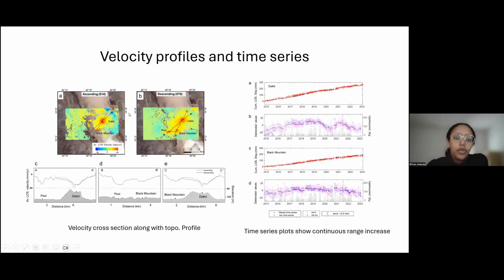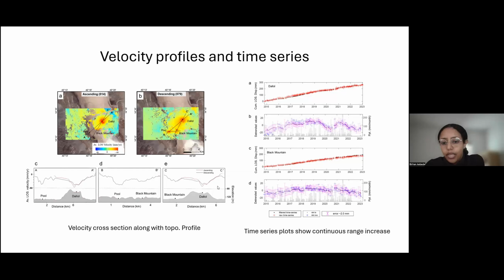To the left here, we have a velocity profile along with the topographic profiles across the given ascending and descending signals. And to the right, we have time series data. As you can see, the time series on Dallol and on the Black Mountain in A and C shows a continuous range increase, or continuous subsidence, throughout the given period.